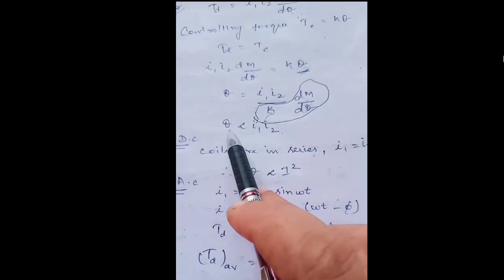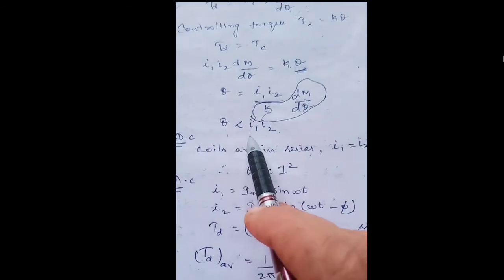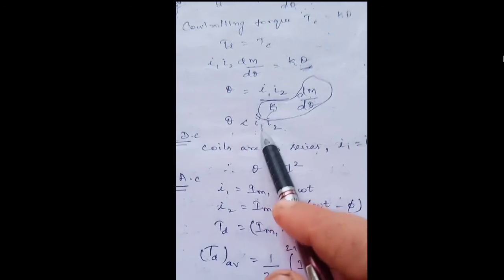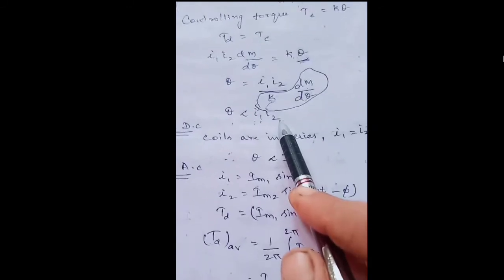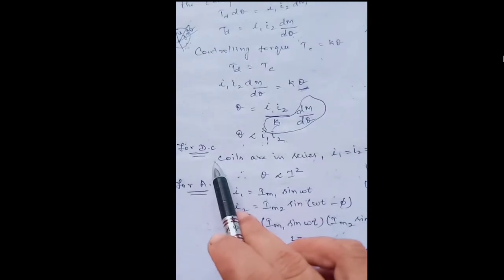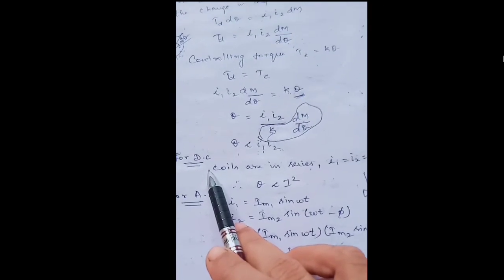That is, the deflection of the pointer will be directly proportional to the current through the fixed coil and the moving coil. Suppose this dynamometer is meant for measuring the DC values of currents.